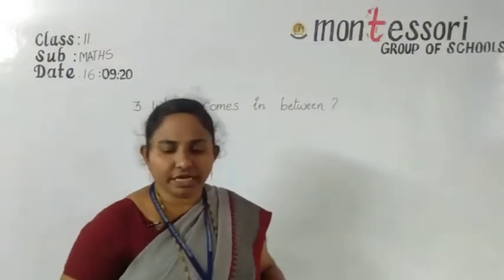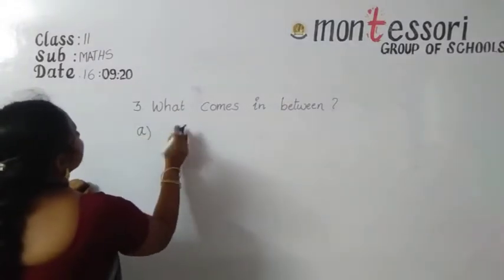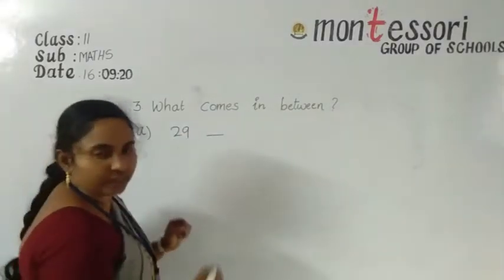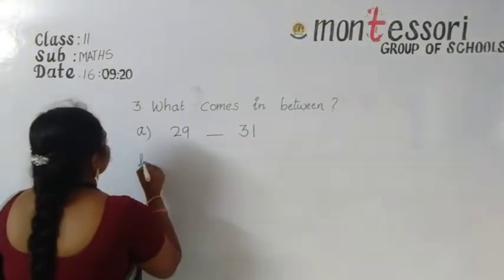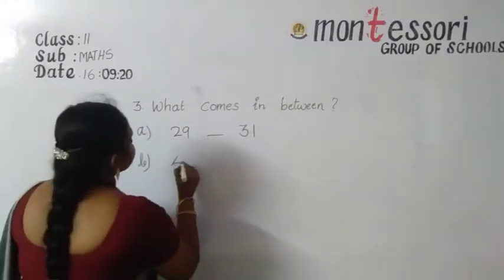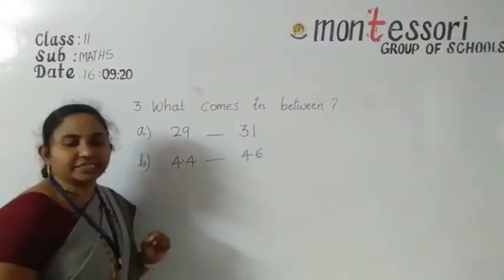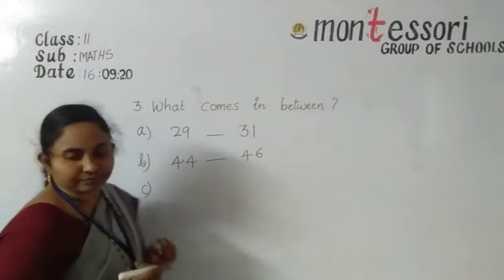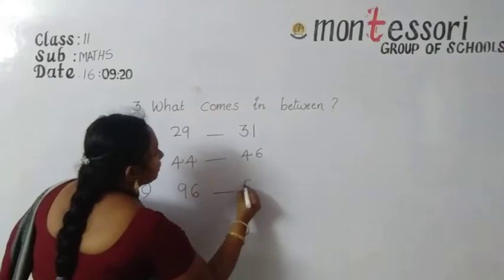Now here, first one, 29, 31. B bit, 44, 46, and C bit, 96, 98.